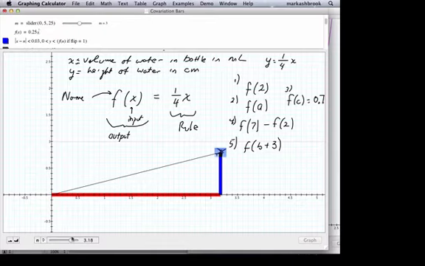Okay, what about F of A? Tell me, F of A, what does that stand for? So the volume of water is A, and the height is going to be 1/4 of A. Okay, that's true. But what does that expression mean?